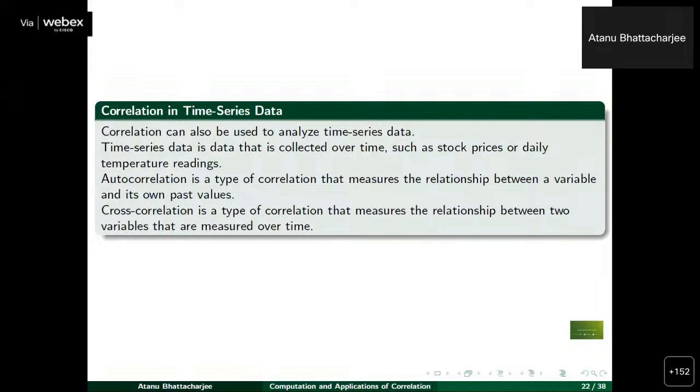A simple example is temperature, a continuous variable. Today's temperature, tomorrow's temperature, yesterday's temperature. The relation between yesterday's temperature and today's temperature, to some extent, helps us predict tomorrow's temperature.